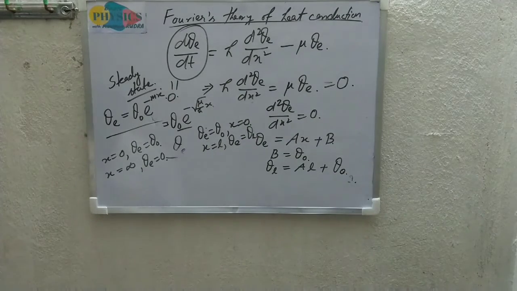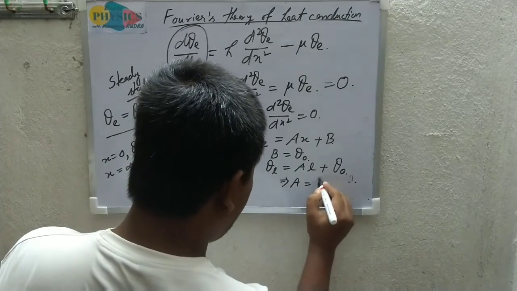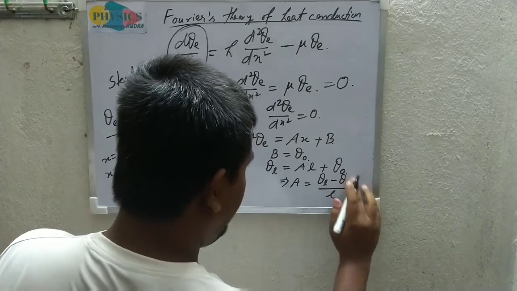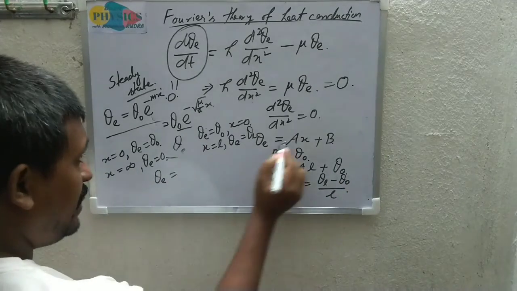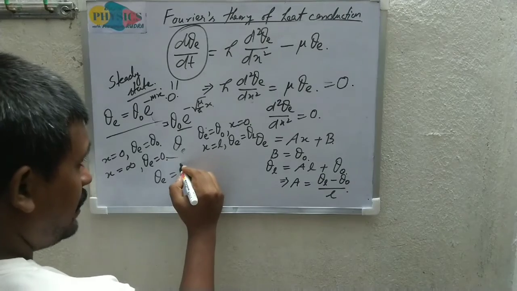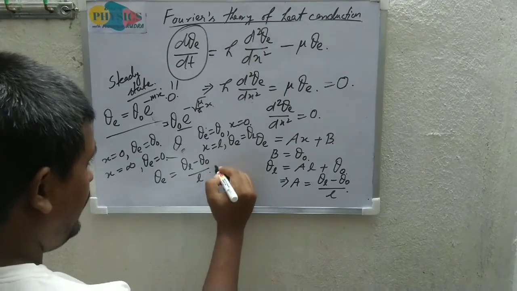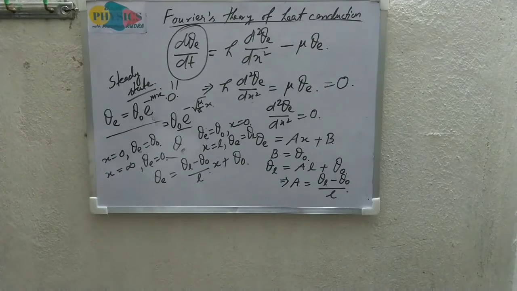From this we can write A equal to theta L minus theta 0 by L. Then theta e equal to theta L minus theta 0 by L into x plus theta 0.